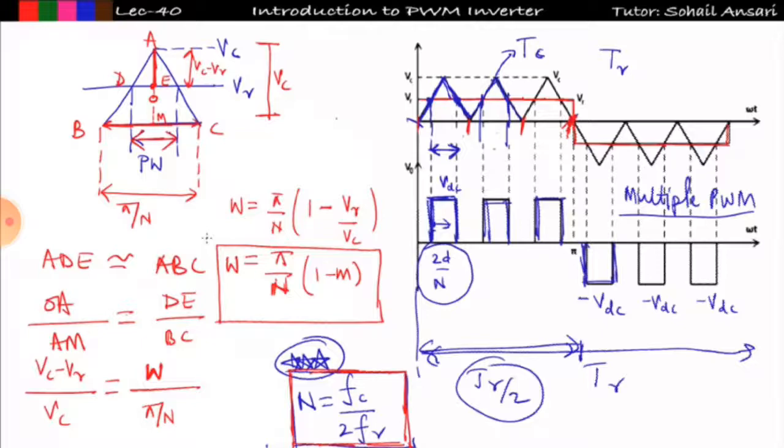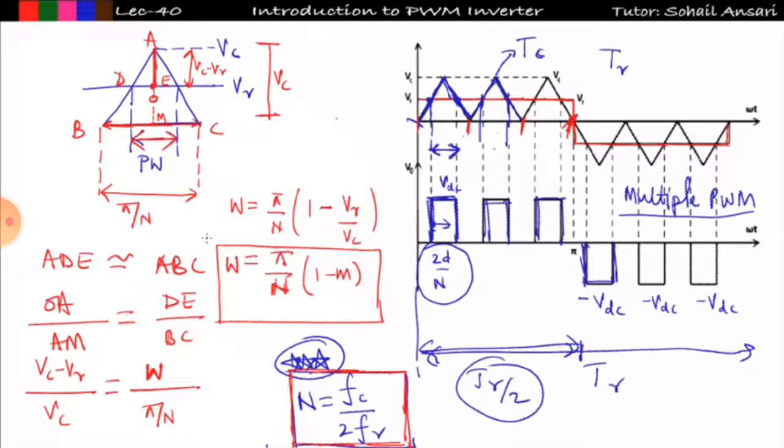Using the similar triangles concept, ADE is similar to ABC, then O is the point made by AO on the line DE, which is perpendicular, then OA upon AM equals DE upon BC.